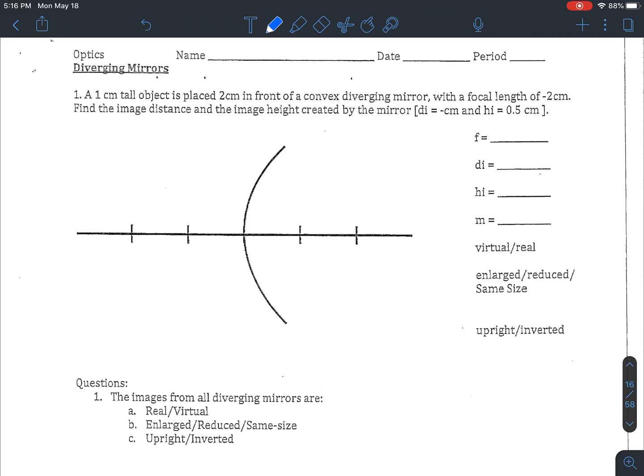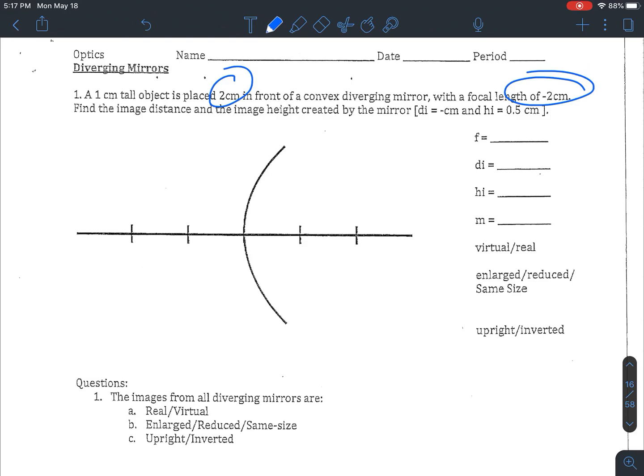So the scale: 1 centimeter tall object, placed 2 centimeters in front with a focal length of -2 centimeters. Now the -2, I don't really need to discuss that right now, but what it actually means is the light is not actually going to focus, so it appears to focus on the other side of the mirror.